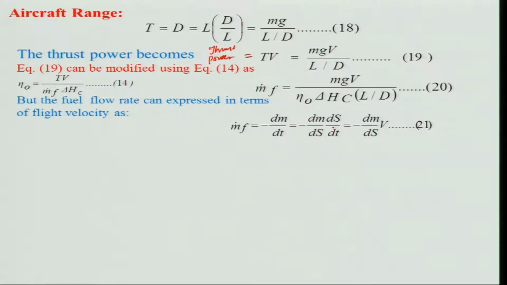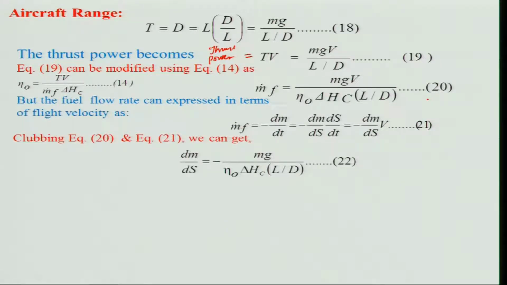Now, what will I do? We club equations 20 and 21, and we get dm by ds is nothing but minus mg divided by eta naught delta SC L by D. We take dm by m out, and the other terms remain constant, because the overall efficiency can be assumed constant, L by D is constant, everything is constant including g, because g is at one particular altitude.